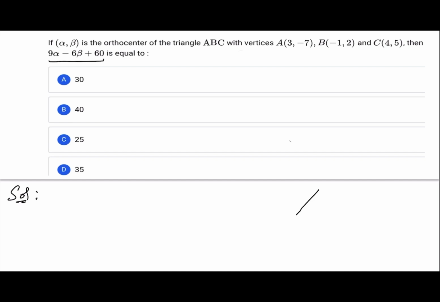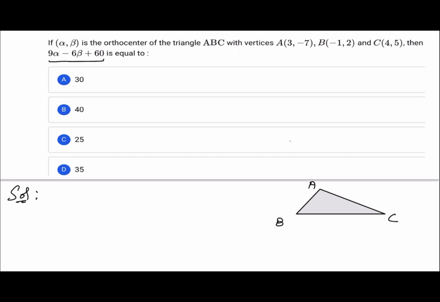So for the orthocenter, what we usually do, if we know the vertices, then we can find the equation of any two altitudes and solve them to get the orthocenter, right?